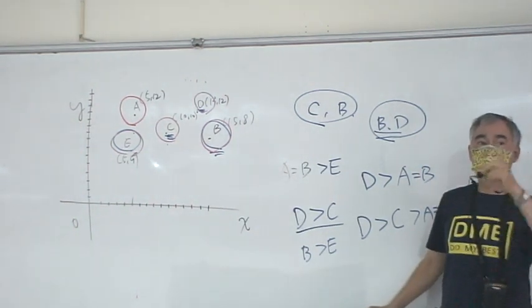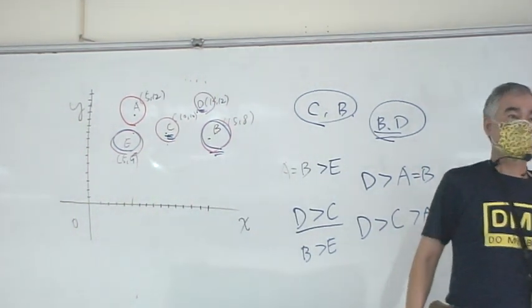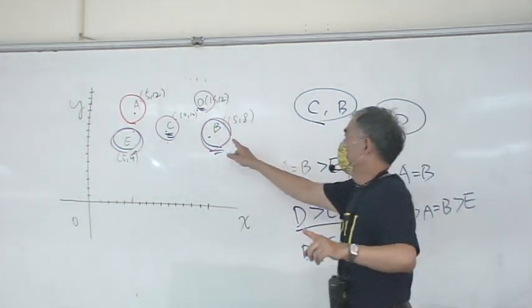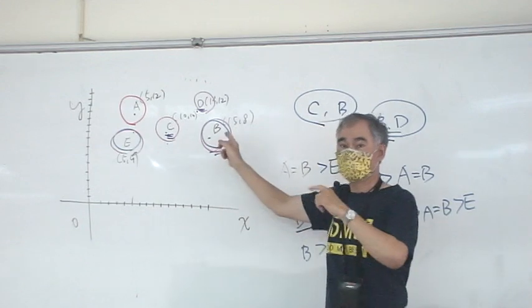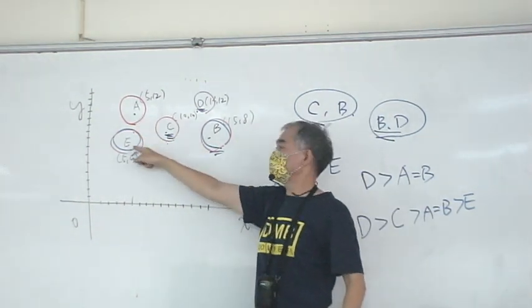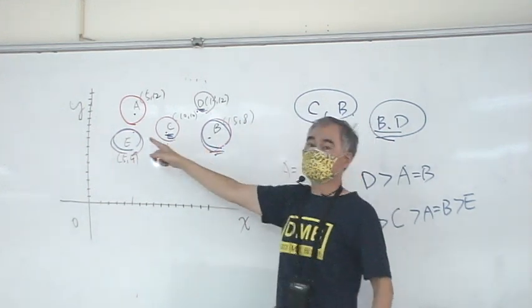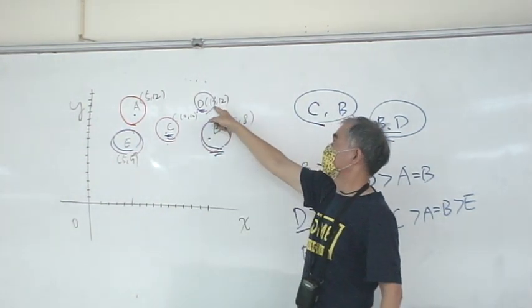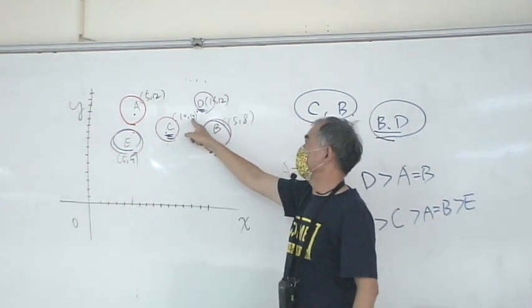Questions? You need to have one benchmark. A and B, okay? And then A and B greater than E. If A is better than E, B is better than E. Okay? And then you compare these two. This one 13, 12, 10, 10.